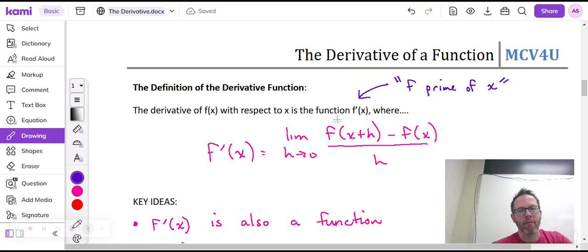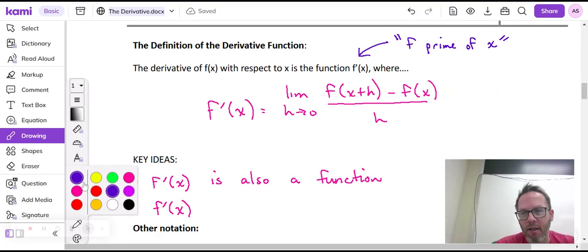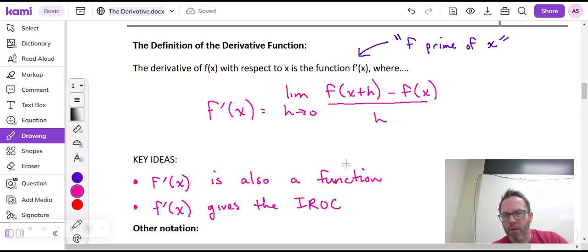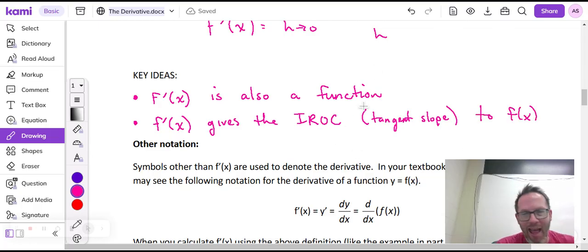So f prime of x gives the instantaneous rate of change, and in brackets, I'll just add the tangent slope, same thing, to the function f of x at any value of x.